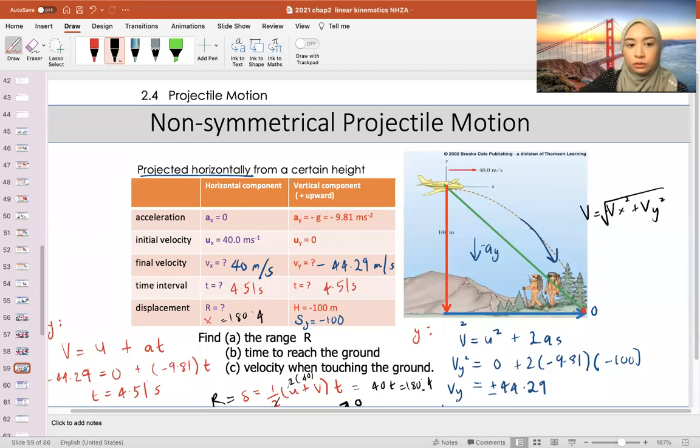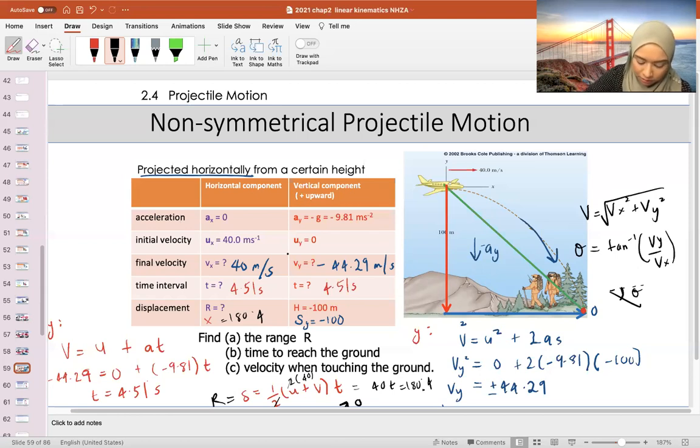Okay, the same old boring equation, Pythagoras theorem. And then your direction is the inverse tangent of Vy over Vx. In this case, our Vy is a minus and our Vx is 40. Therefore, you would get an angle below the x-axis. So Vy is minus 44.29. Divided by Vx, which is 40.